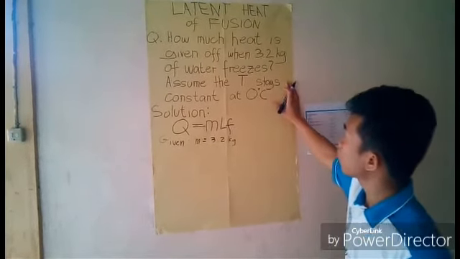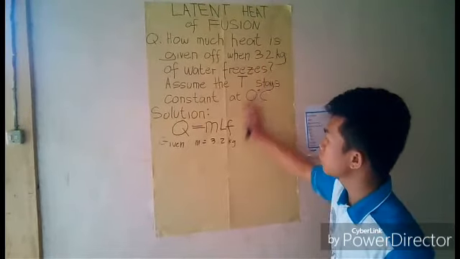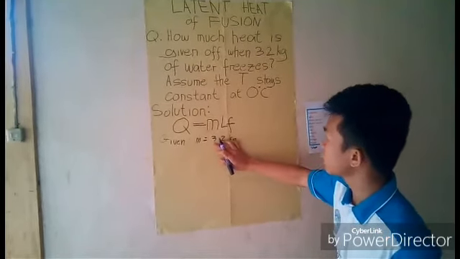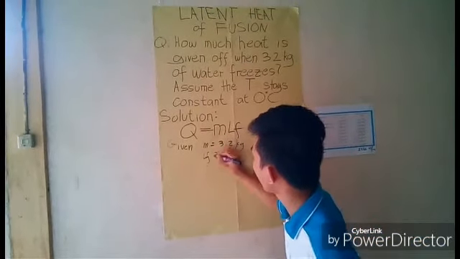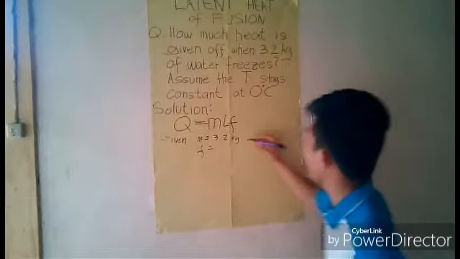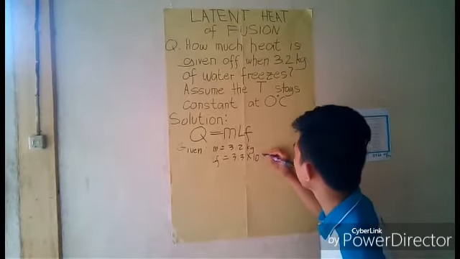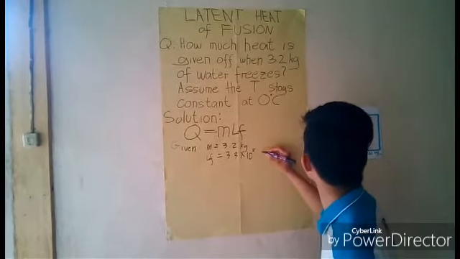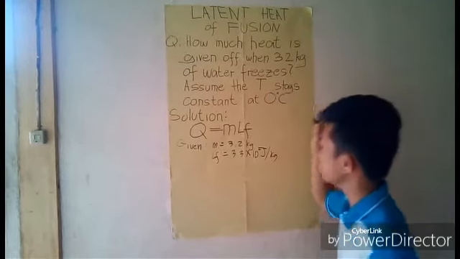In this problem, we are given 3.2 kilograms, which is the mass, and the constant latent heat of fusion is 3.3 times 10 raised to 5 joules per kilogram.